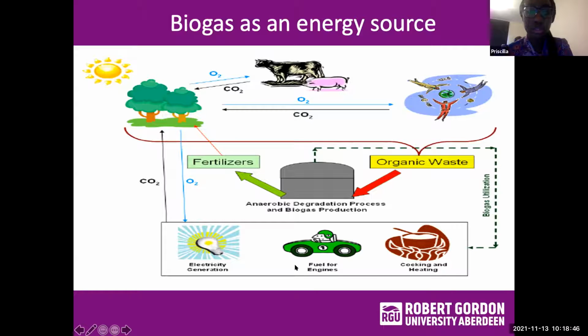So for electricity generation, used as fuel for cars and also cooking and heating at home. CO2 can be used for photosynthesis, basically the ecosystem relies on these sorts of processes.